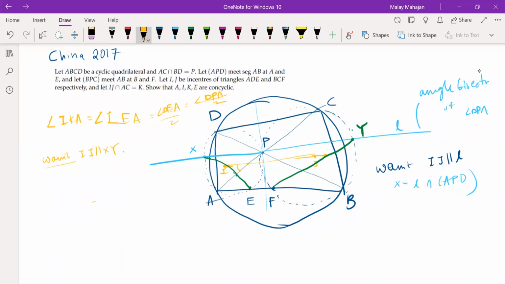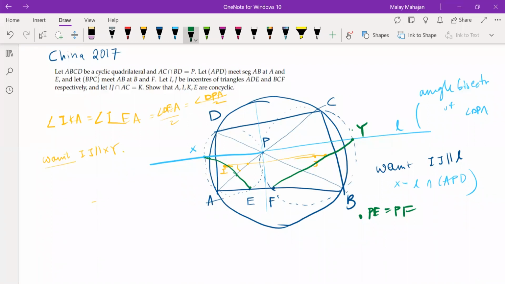Also, PE equals PF. Yeah, because DEA equals CFP and PD equals PFC. Yeah, PE equals PF. That's one. Can you tell again how?